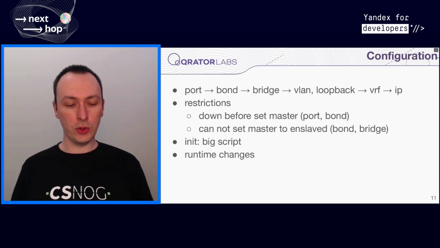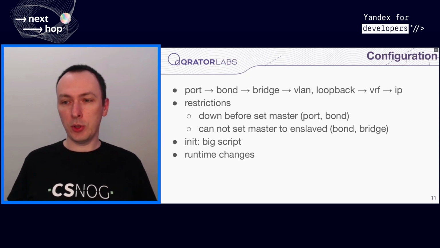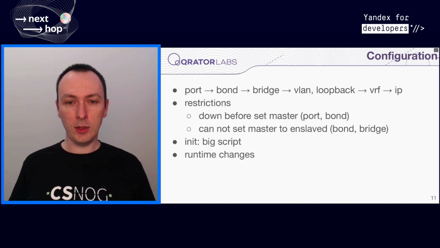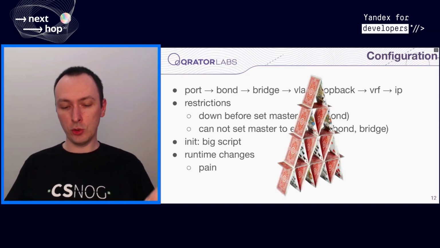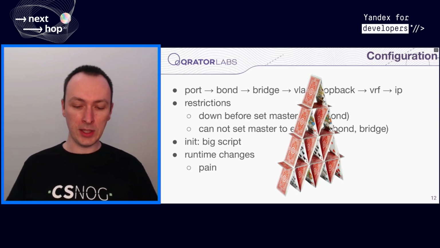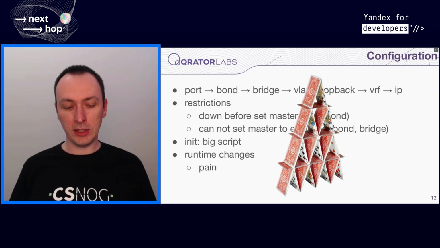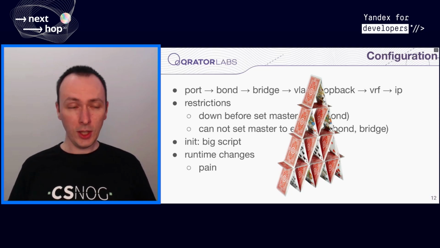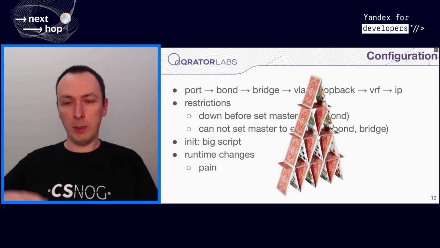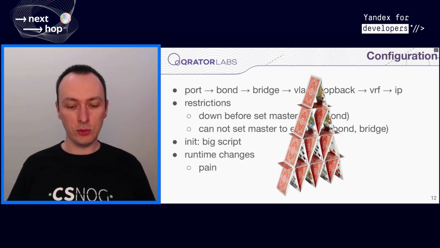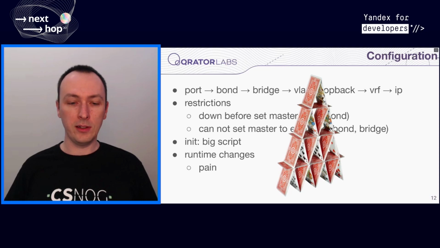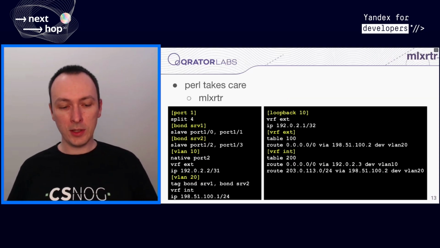Before we had a big script which would set these things, but sometimes we have to introduce some runtime changes. And this causes pain because you have to actually disassemble that starting from the interface, and this is fraught with mistakes. You change something and the environment would take care of that, and this is low-tier work being done.